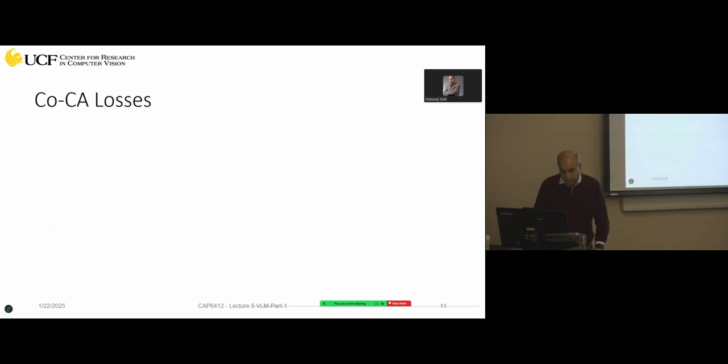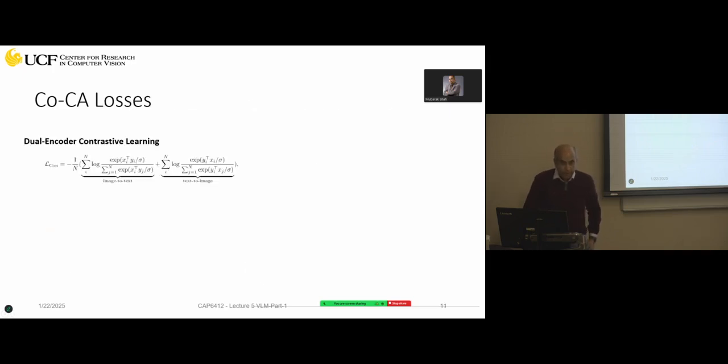Okay. If you look at the losses, the first loss is the contrastive loss, which we have talked about many times. This is image to text, where X is the image and Y is the text, and this is the text to image. Both ways, the matrix I showed you for CLIP: given an image, we want to find the cosine similarity with all of the texts, and for a given text, we want to find the cosine similarity with all the images.